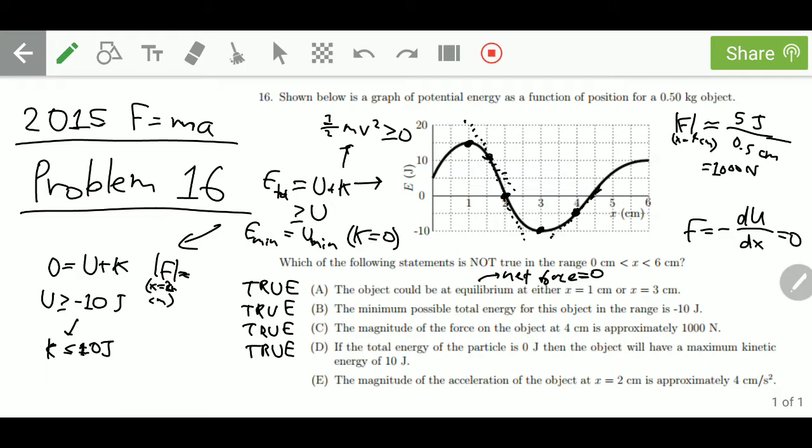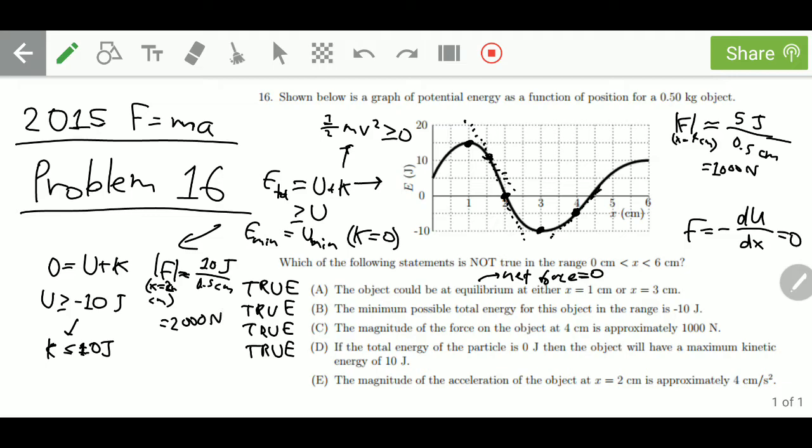So we see that it'll be 2 grid spacings in the vertical direction, that's 10 joules, and then we divide by 0.5 centimeters again. Basically that's just twice what we had before, so 2,000 newtons.